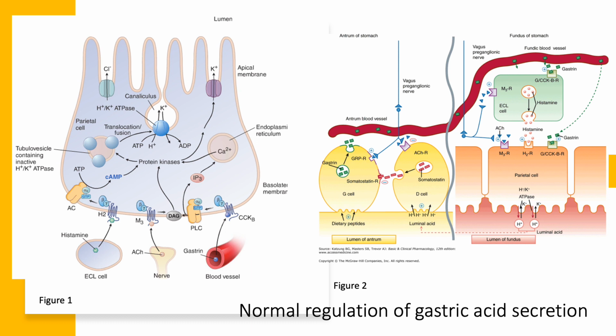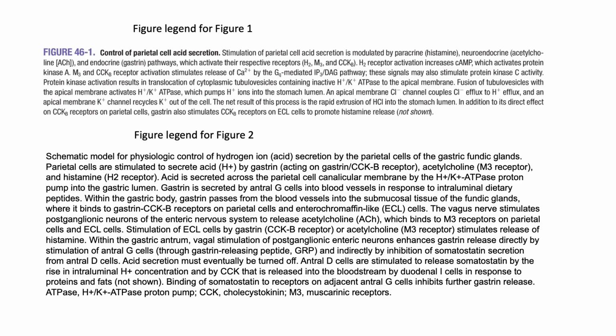We only try to reduce the level slightly to allow healing of the corroded stomach epithelium if there is such a condition, such as in peptic ulcer disease, right? But under normal circumstances, we want the acidity level to be there. For details and explanation of the figures, you can read through them yourself.